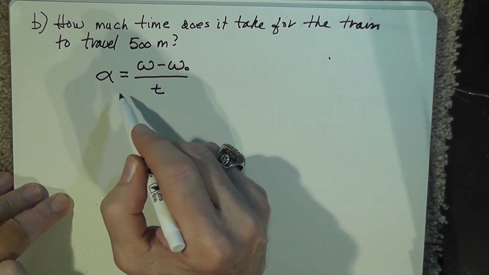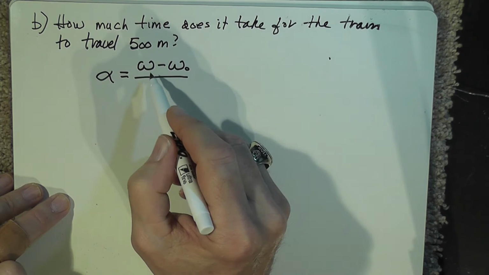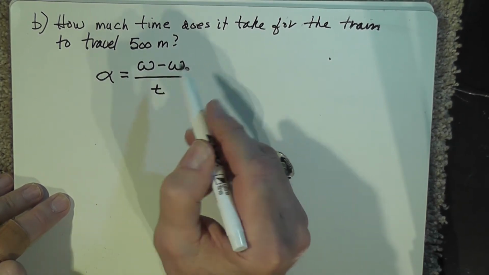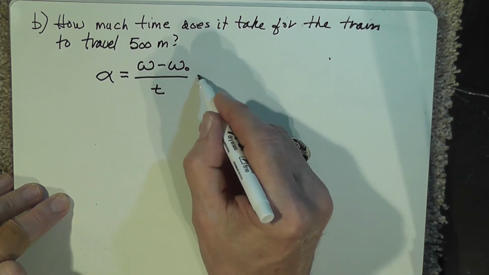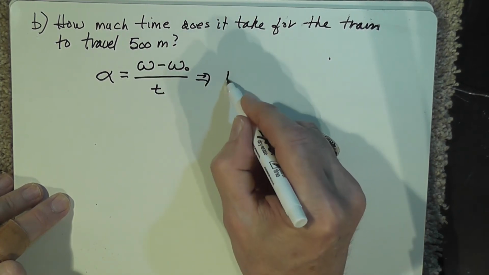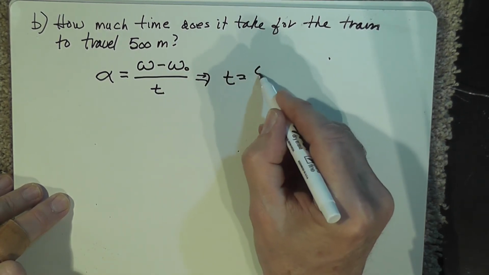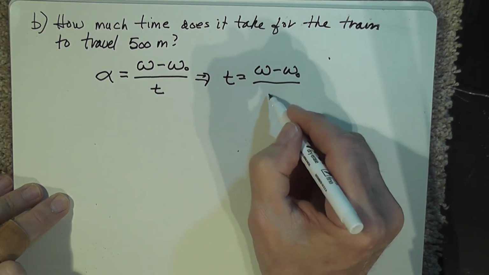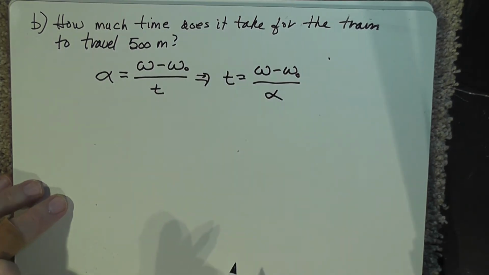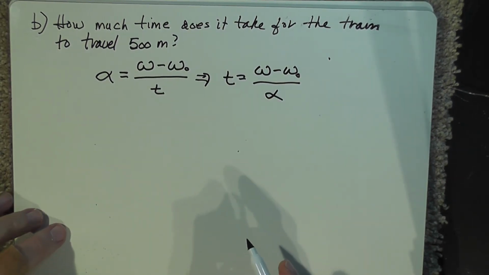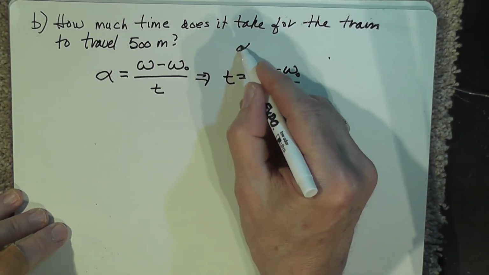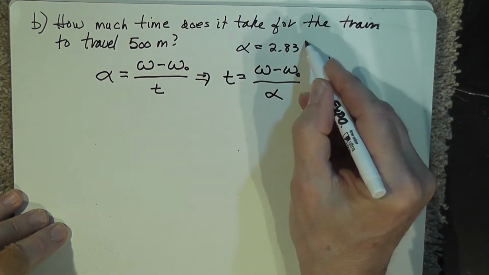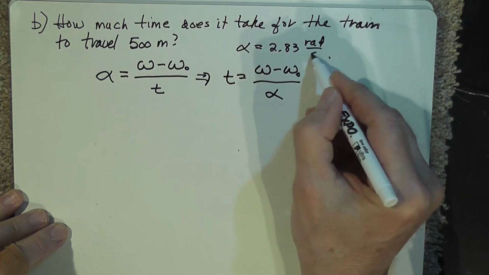We know alpha, we know the initial angular velocity and the final angular velocity, so we just need to solve for t. So t is going to be equal to omega minus omega naught divided by alpha. Now earlier we converted alpha, so let me just write this down. Alpha came out to 2.83 rad per second squared.